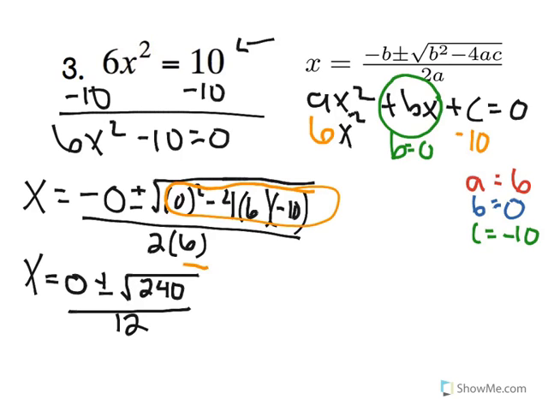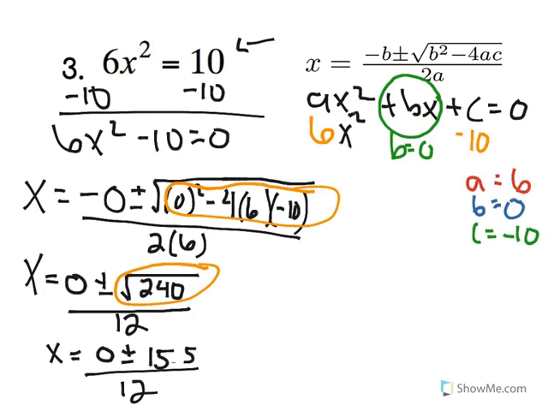Now we're going to take the square root of 240. So the square root of 240 is 15.5. So we have 0 plus or minus 15.5, and then it's all divided by 12.